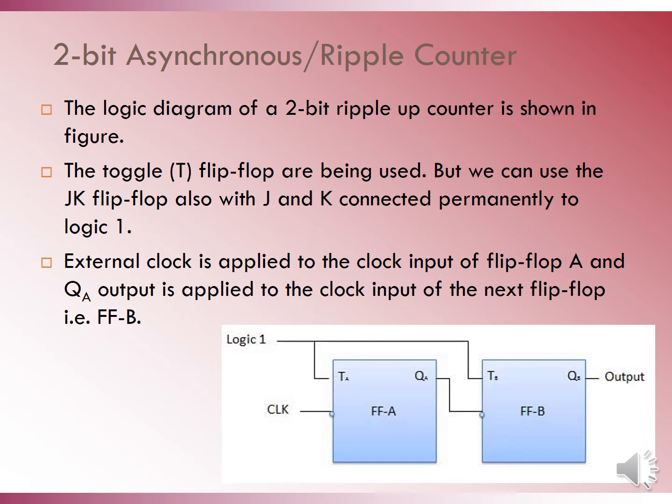After the fourth negative edge, flip-flop A will again toggle. So flip-flop A toggles with every arrival of clock pulse. It will change from 1 to 0. A 1 to 0 transition of A will trigger B, which will also toggle from 1 to 0. Therefore, after the fourth clock pulse, the output of the counter is 0 0.